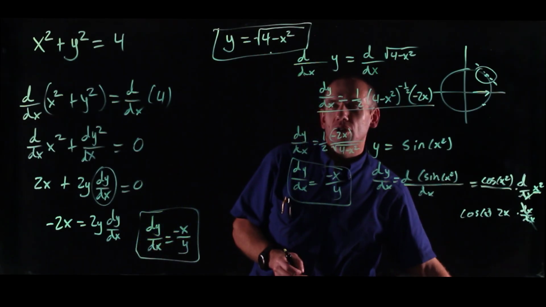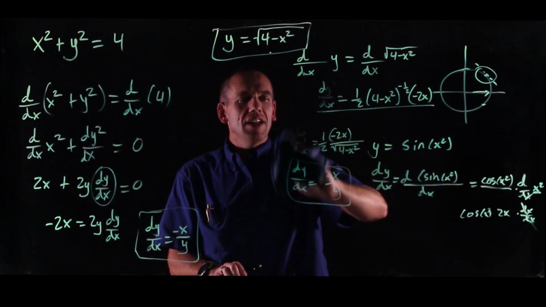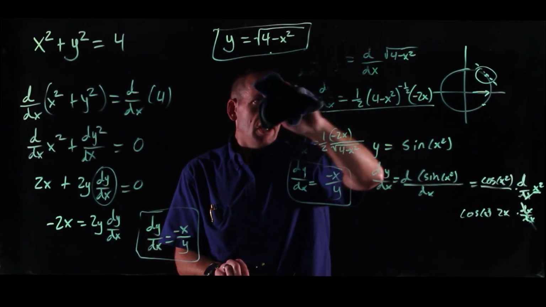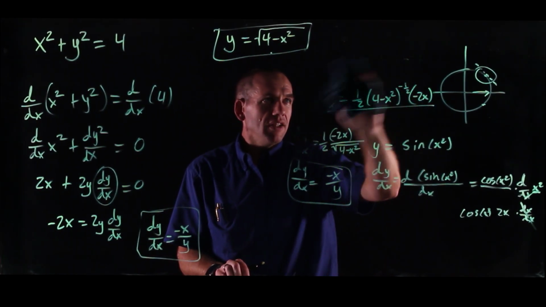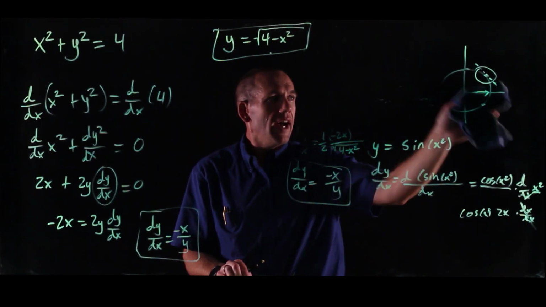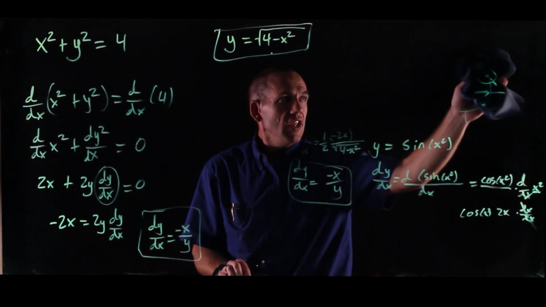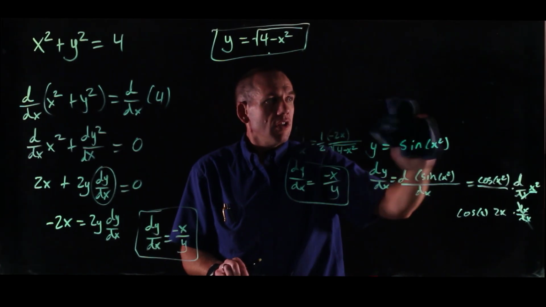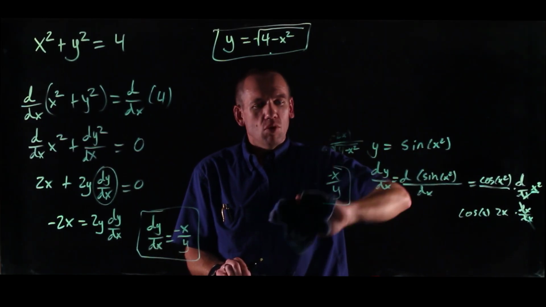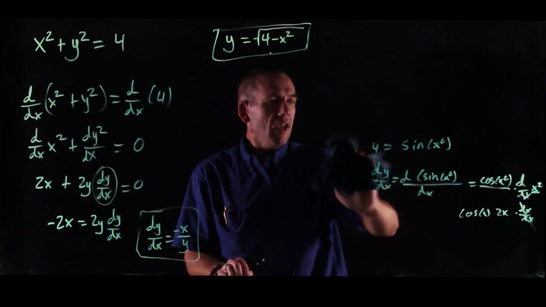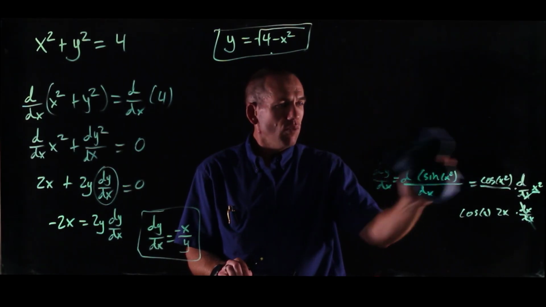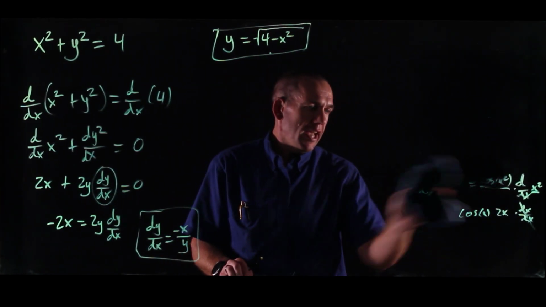You just have to remember you're treating y as a function and not as a variable. So when you're differentiating with respect to x and you come across a y, you follow the same rules as you do for differentiation, but then you remember it's a function, so you always have to do the chain rule and multiply by dy/dx.